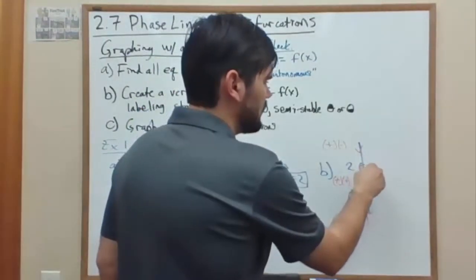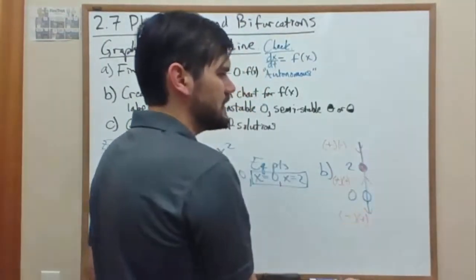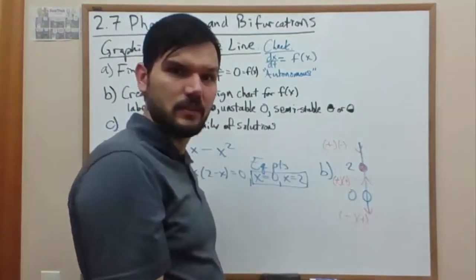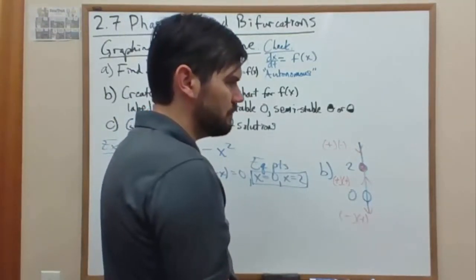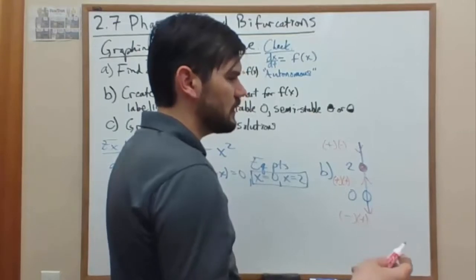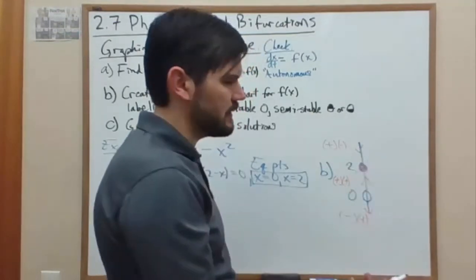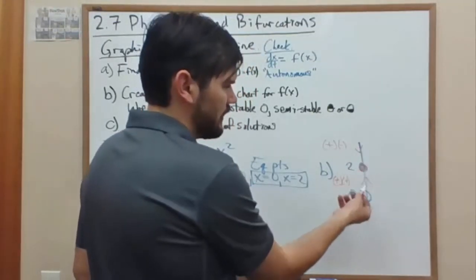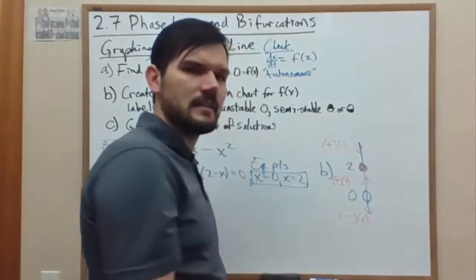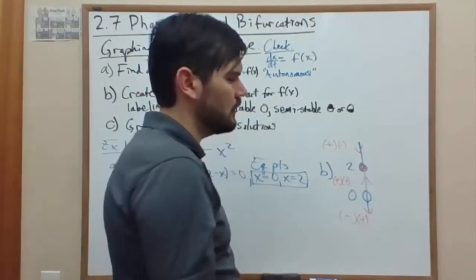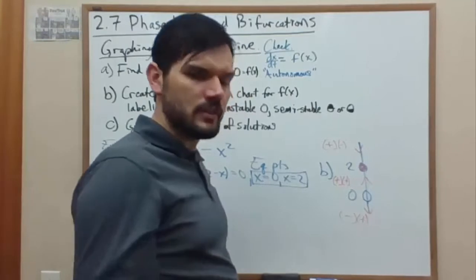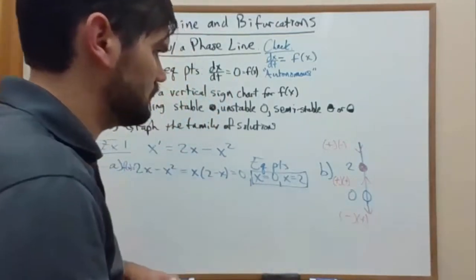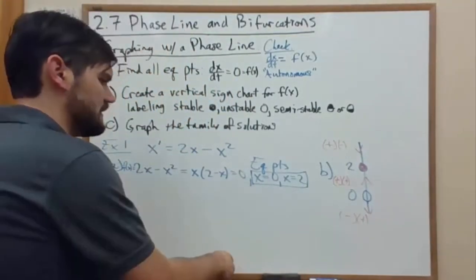We know that 2 is stable because it is absorbing, or the solutions are converging towards it from both sides. Whereas x equals 0 is unstable because the arrows are pointing away from it, or the solutions are diverging from it. So that's the sign chart.